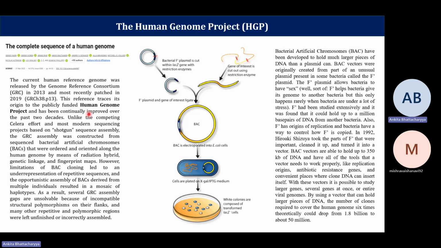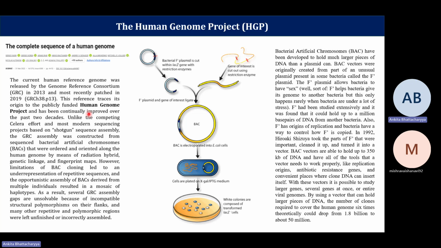I'm not sure if you have concepts about BACs, but basically they are vector systems which are capable of holding very large or very long DNA sequences, and they can be used for sequencing projects. We'll learn about them in more detail in this slide itself.